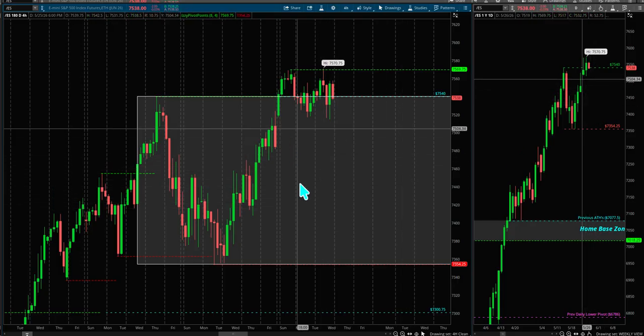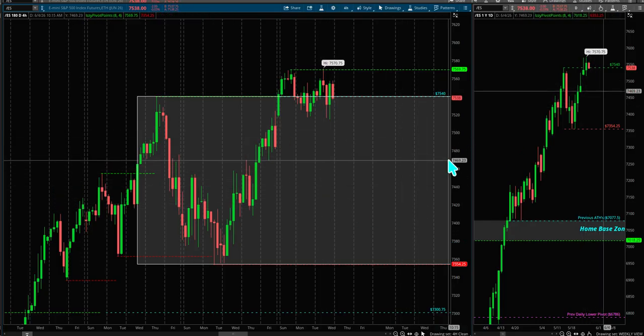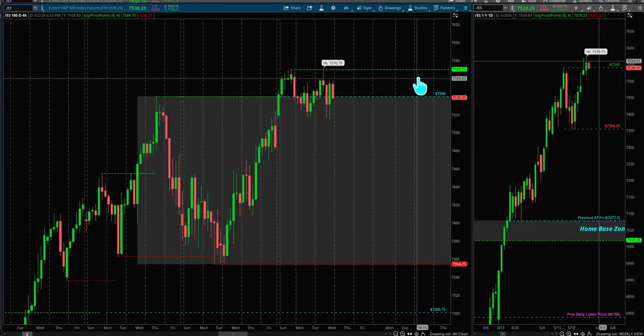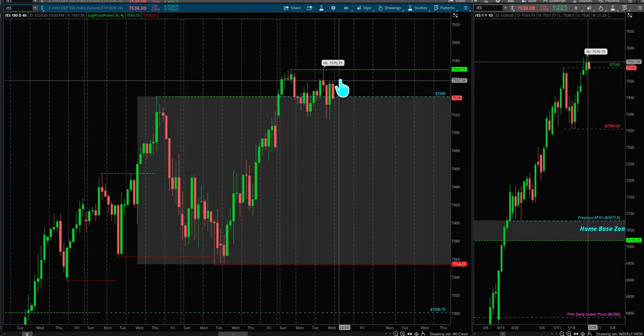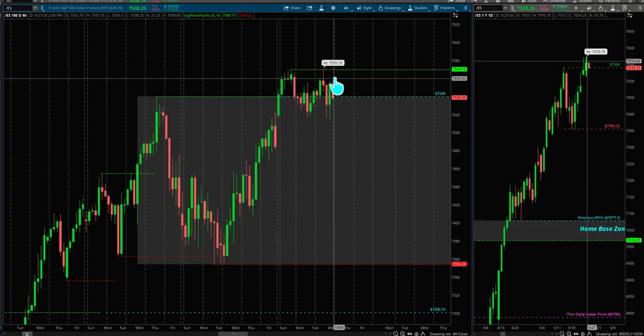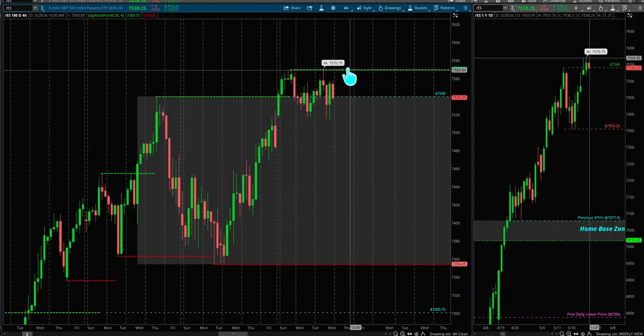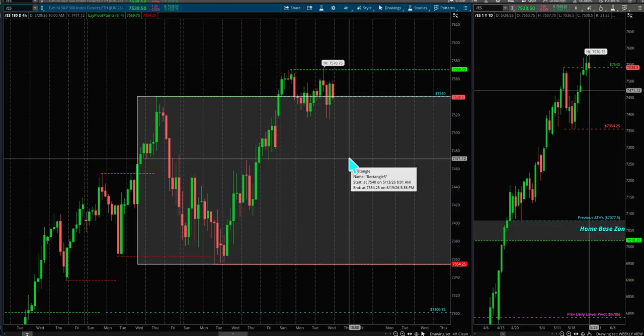Slipping back inside of this 4-hour range shows us that the market's deviating away from the upper part, and that can potentially show us that bulls failed to maintain control.